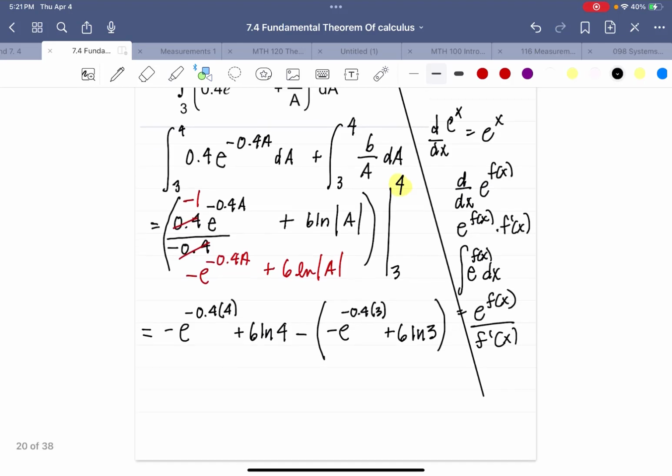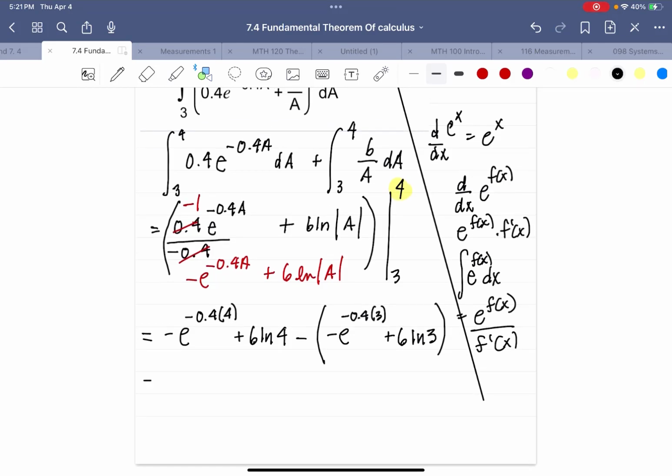Okay, now, final answer is going to be the decimal for this, negative e to the negative 1.6, when you multiply 4 times negative 0.4, plus 6 times the natural log of 4. Now be careful here.